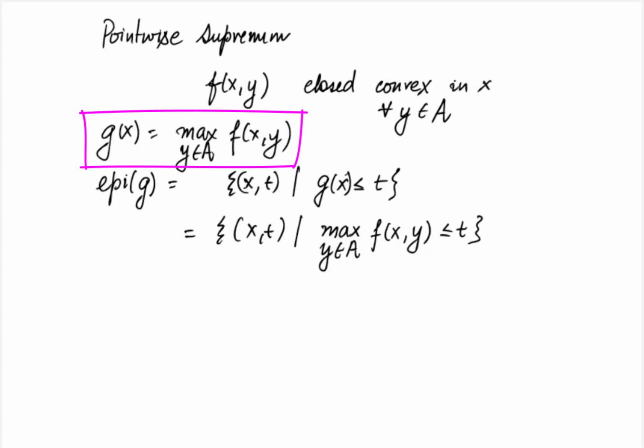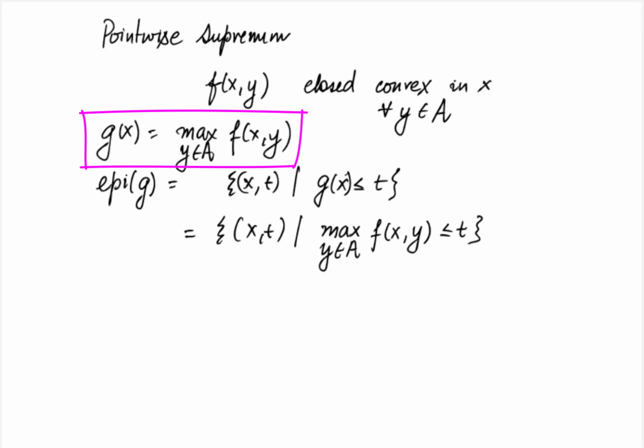So the inequality translates to a bunch of inequalities, one for each value of y in A. Therefore the epigraph of g will be given by the set of all x, t such that f of x, y is less than or equal to t for each y in A. Note that we did not put any restriction on A, so A can even be a discrete set.